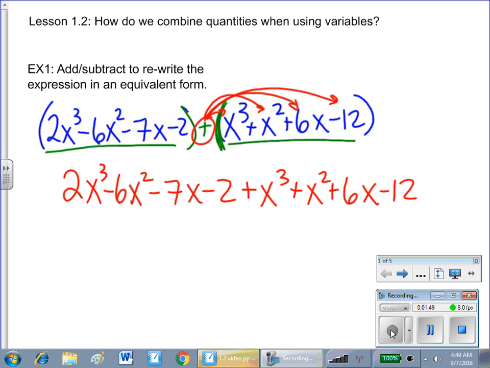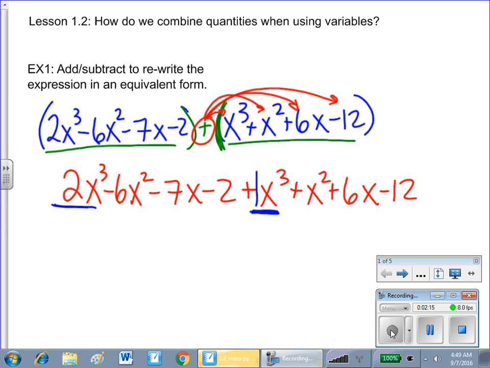So for example, 2x cubed would be like terms with x cubed because they have the same variable x and the same exponent cubed. Okay? It doesn't matter that the first one has 2 in front and this one doesn't have any number in front. Remember that if you don't see any number in front like here, it's really just a 1 in front.